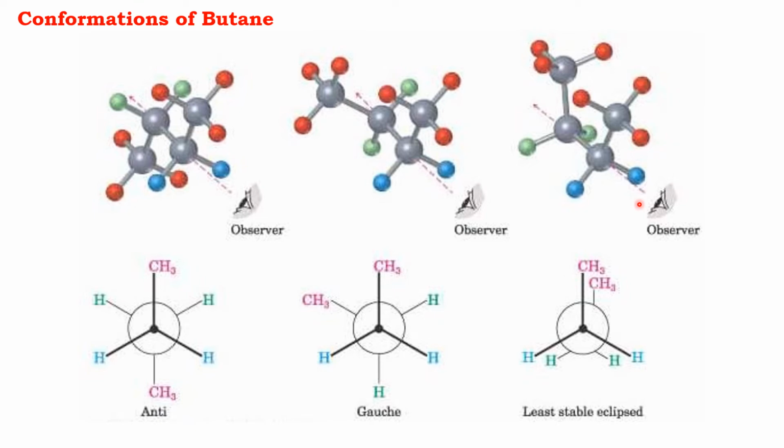So we could say this is the least stable form among the three extreme forms. That is the fully eclipsed. See why this is fully eclipsed? Because the methyl group of the second carbon atom and the methyl group of the third carbon atom are in the same plane and the distance is minimum.